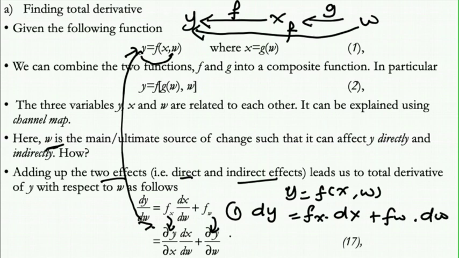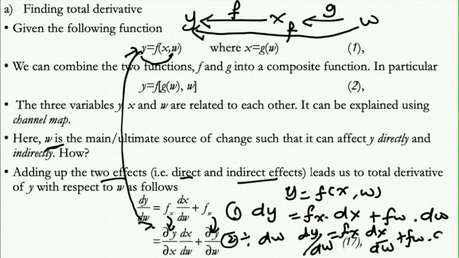After that, divide number 1 here by dw, both sides. So dy over dw equals fx dx over dw plus fw times dw over dw. Cancel. Okay, then you can see that your answer here is actually similar to the last line here. So that's how you do it.